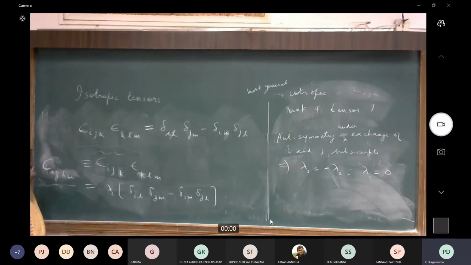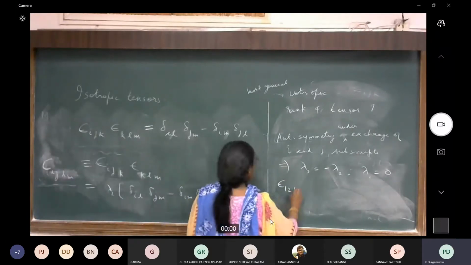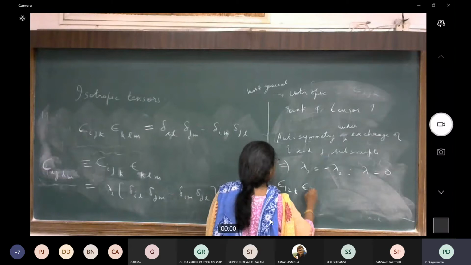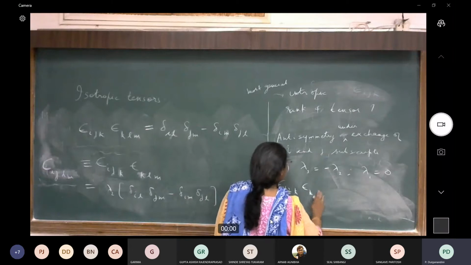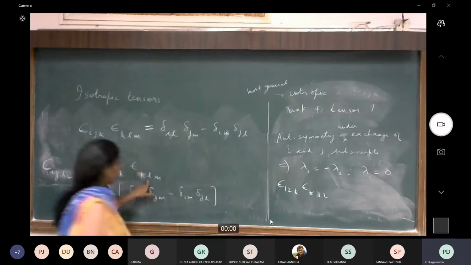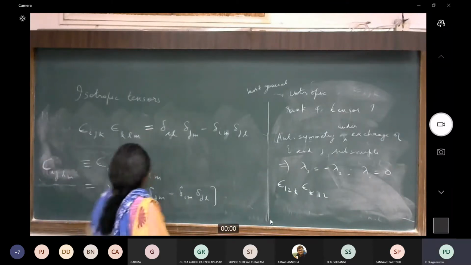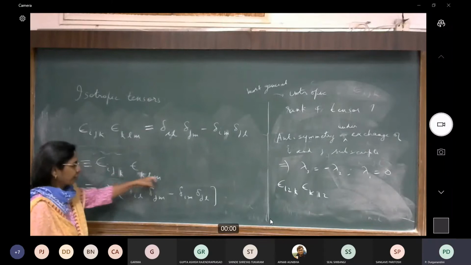So for finding out lambda 2, what you do is just put in values for this. So take ijlm. So for example, what you do is take epsilon 1, 2, and then I have k. Then I have k here, and here you take say 1, 2. Okay, I can take 1, 2 here. So I put 1, 2 here, and I put 1, 2 here.